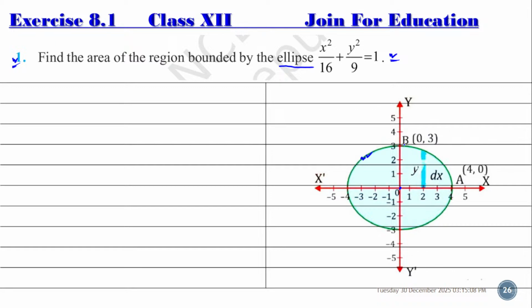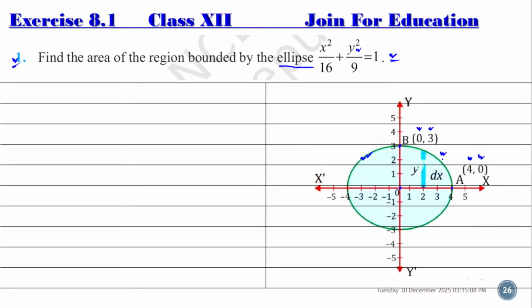So the point B is 0, 3. When y equal to 0, then x equal to plus minus 4. So A denotes the point 4, 0. There is no problem to understand the coordinates of the point A and the point B.